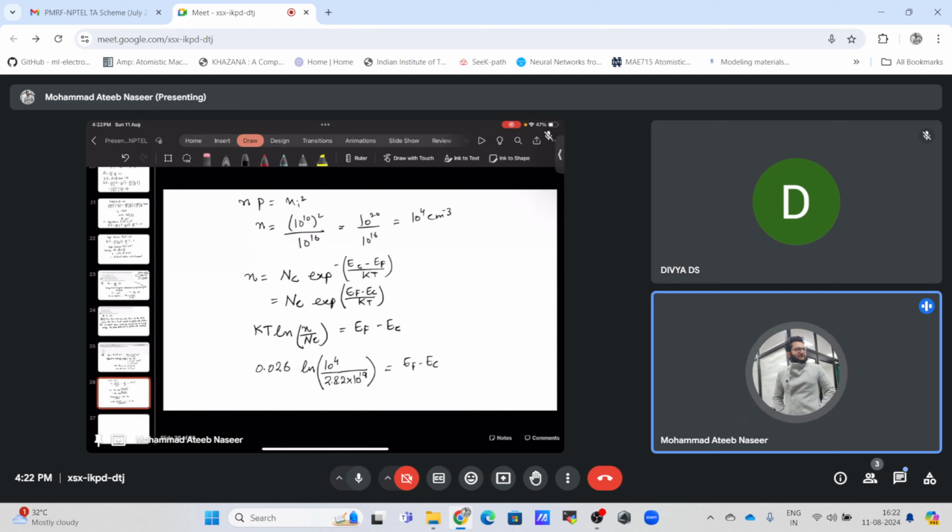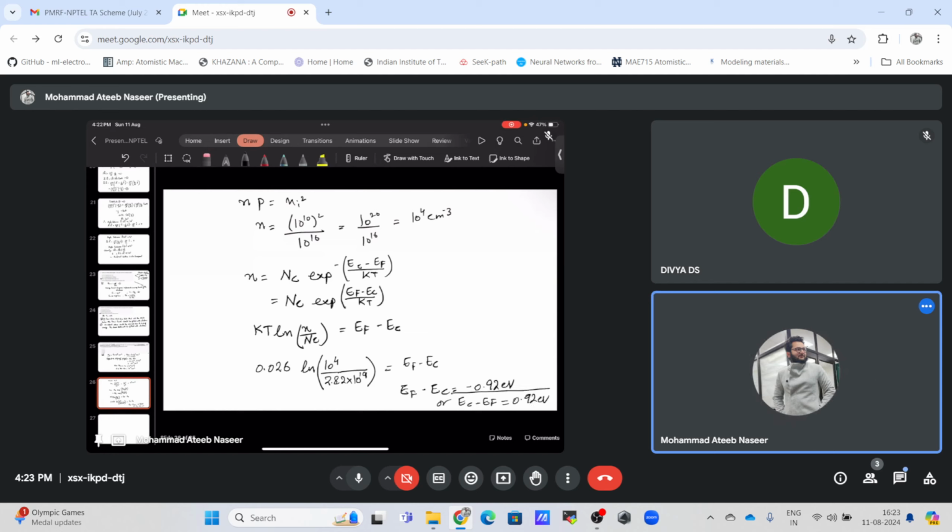So now if we calculate this value, the ln comes out to be minus 35.36, and multiplying by 0.026, we get Ef minus Ec equal to minus 0.92 electron volts, or simply Ec minus Ef is 0.92 electron volts.